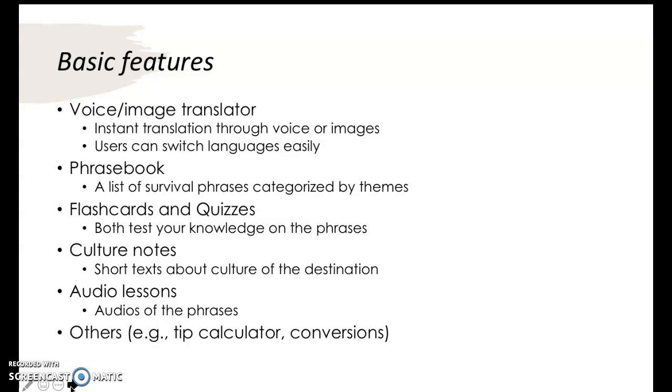And the second one is a phrase book, which is also the main part of this application. It's a list of survival phrases categorized by themes. For example, you have business related themes, or you have phrases that are frequently used in a restaurant.